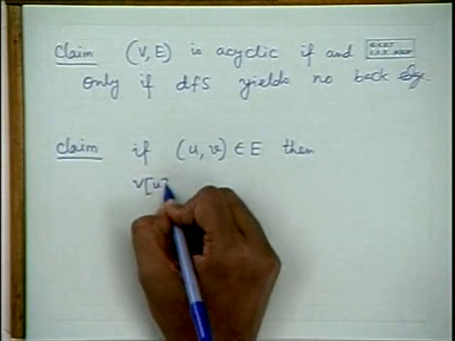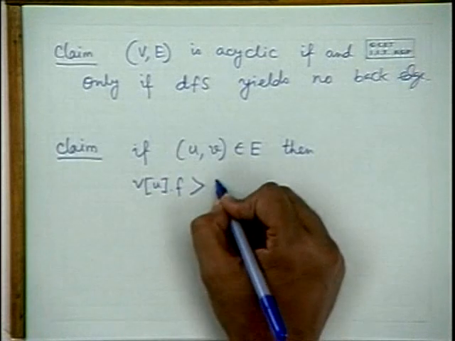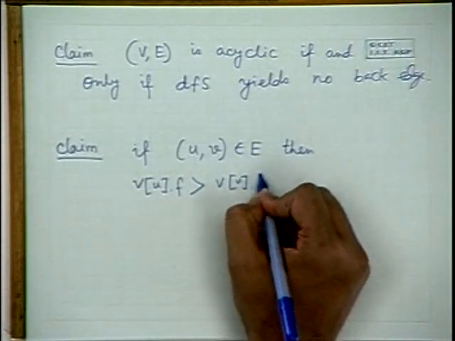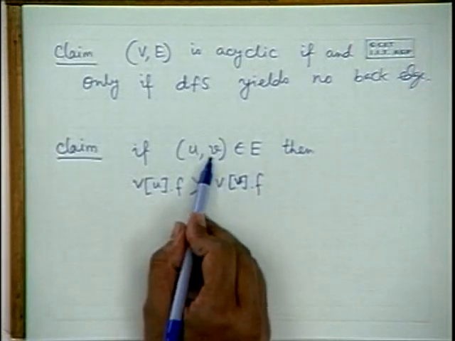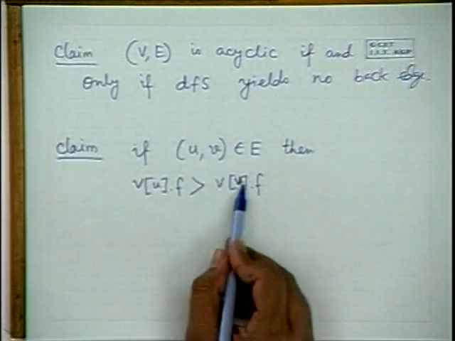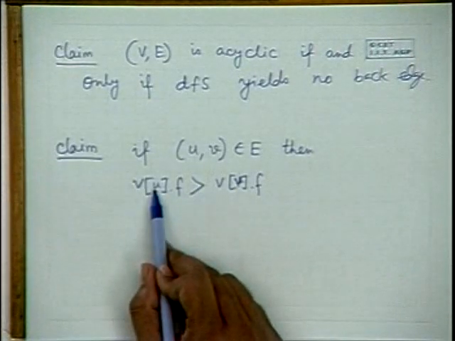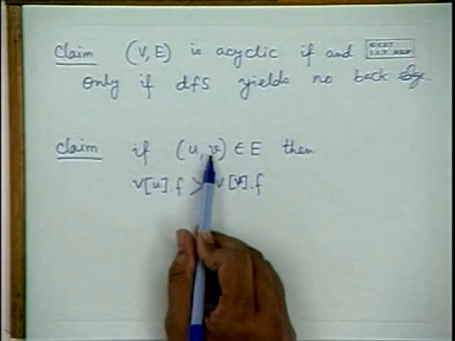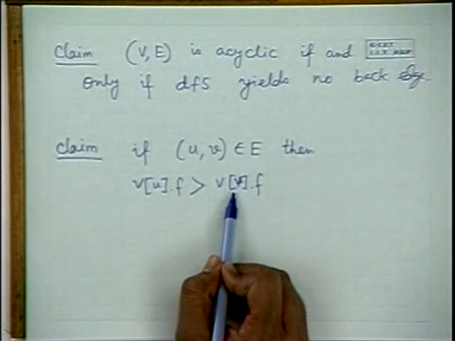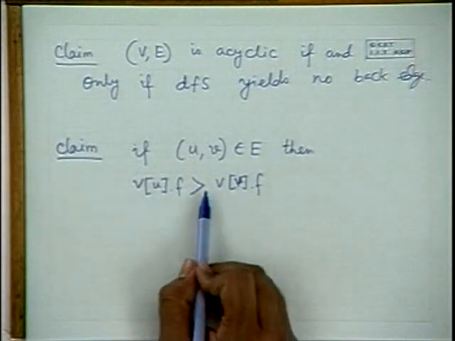If UV is an edge, then V.F is less than U.F. If UV is an edge, then U's F field must be higher than V's F field, right? If UV is an edge, then this must be true. The F field must be higher, and we will give a proof.